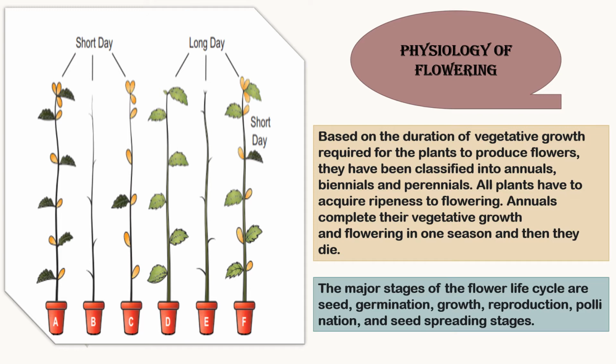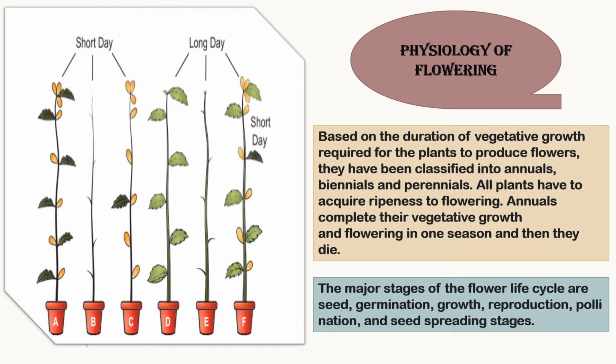Now then, what is physiology of flowering actually? Flowering plants may require one or more inductive cycles. When a plant receiving sufficient inductive cycles is placed under unfavorable photoperiods, it flowers. So flowering occurs in plants receiving inductive cycles after intervals of unfavorable photoperiods.